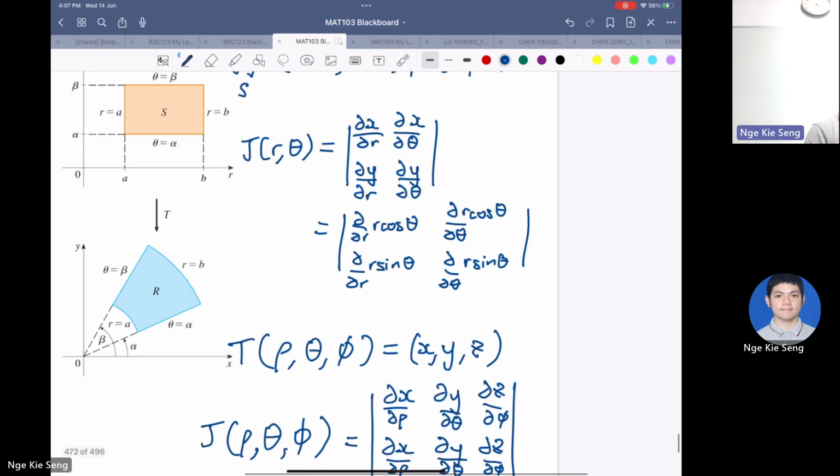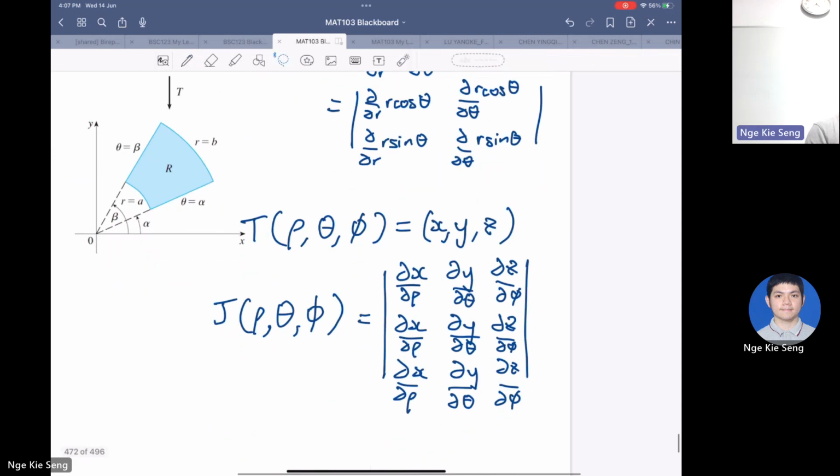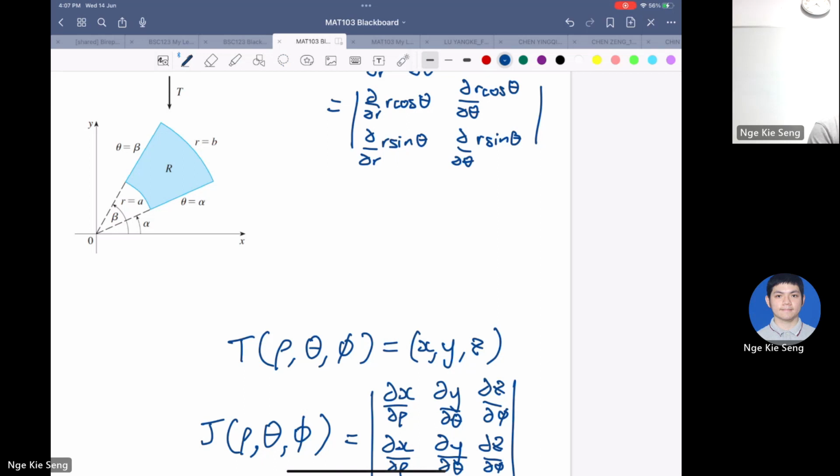So for this matrix, the first row we get cos theta and minus r sine theta, and then sine theta and r cos theta.